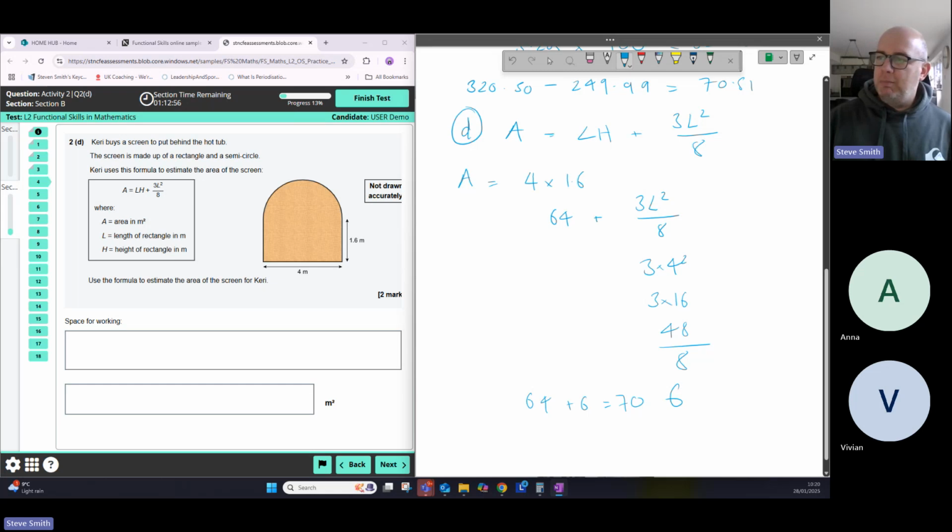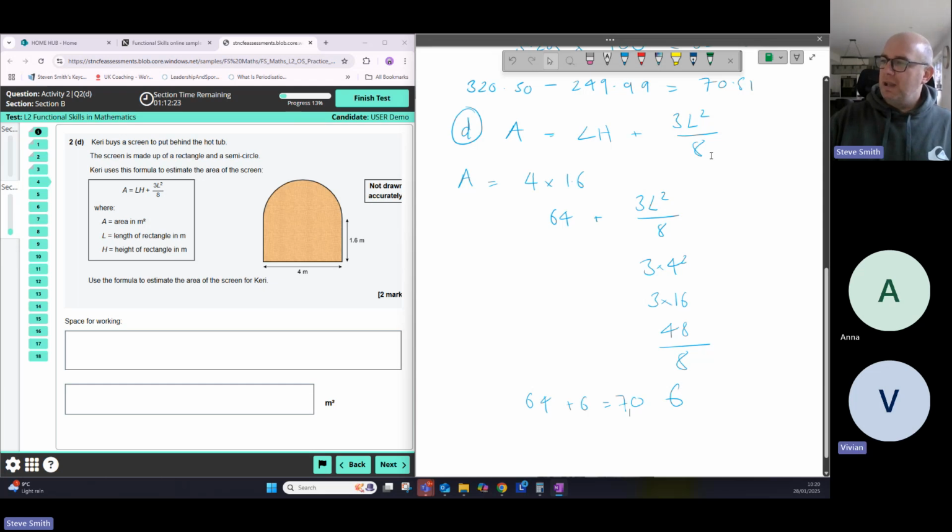If we check back and we've done everything correct, if we put that all in one big sum, L times H, we had 4 times 1.6. That's the easy bit, that's boxed off. Add L squared, which is 4 squared, which was 16, times by 3, 48. So 3L squared sounds complicated, but L was 4, so 4 times 4 is 16, times by 3, 48.